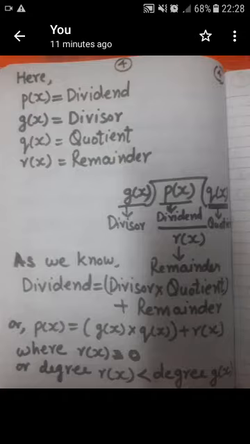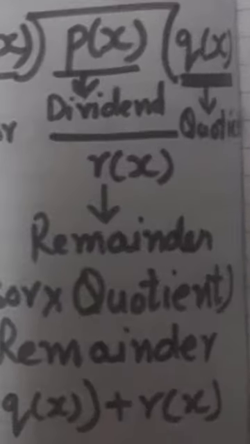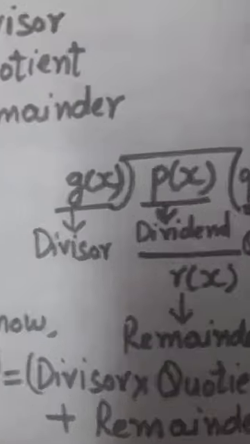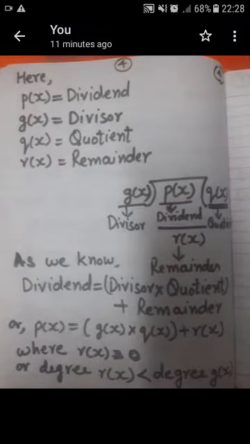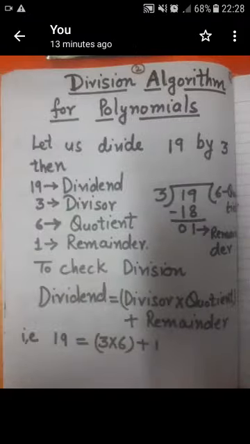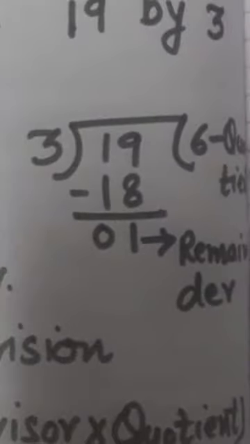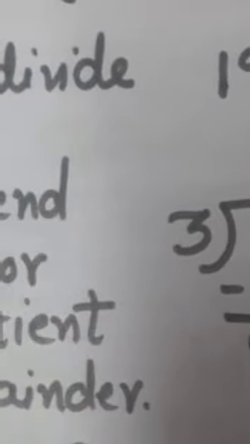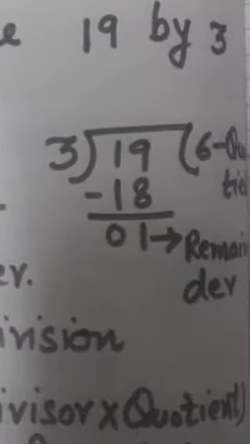Always remember one thing: the remainder polynomial will either be equal to 0 or its degree will always be less than the degree of the divisor. As in simple division, here the remainder is 1. The remainder can be 0 or less than the divisor.